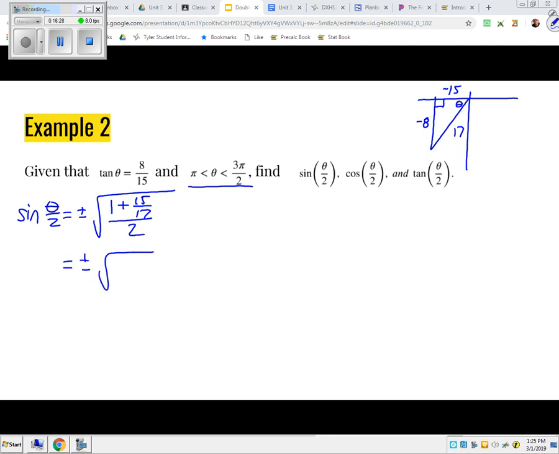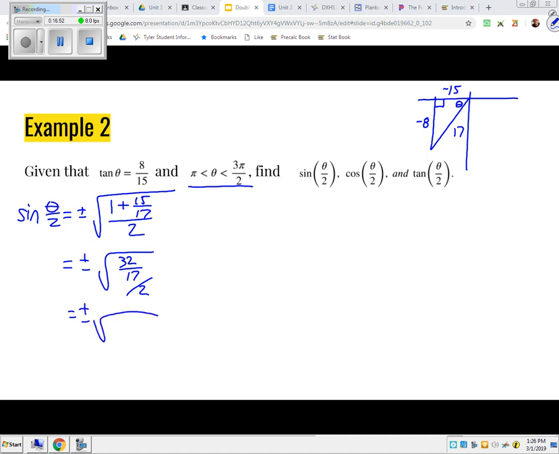We'll get there. We'll get there. 1 plus 15 seventeenths is 32 seventeenths. I agree. Okay, multiply by 1/2.